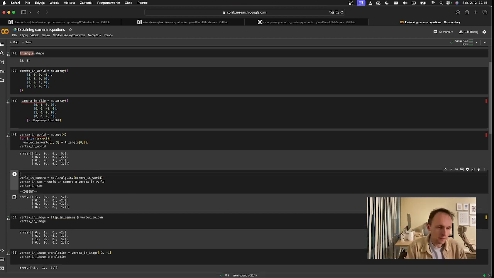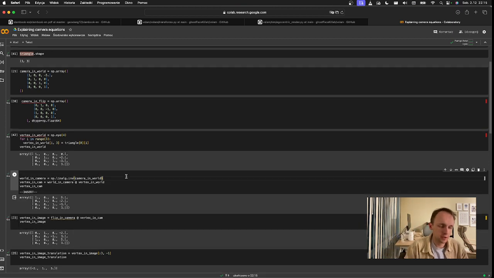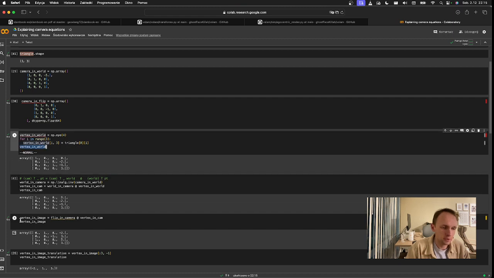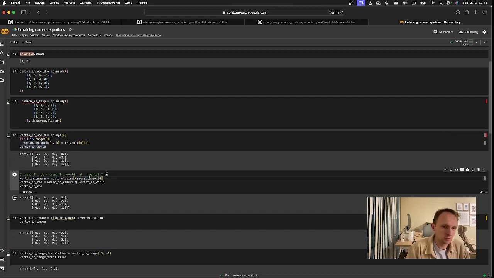So we had this equation before, right? If I want to have cam t point, I need to have two things. I need cam t world, and then I need to multiply this by world t point. So here's vertex in world, which is this, and then I need this.